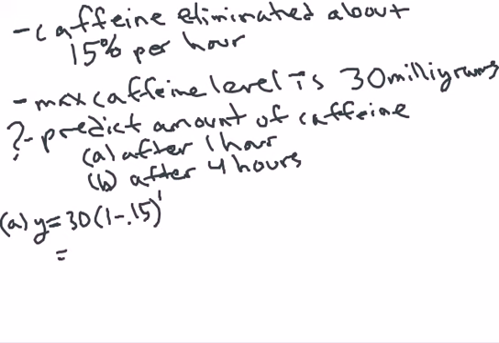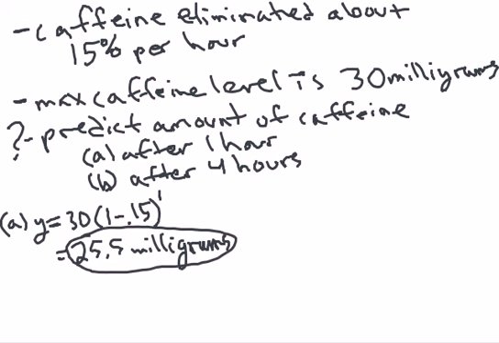So if you go ahead and do this in your calculator real quick, 30 parentheses 1 minus 0.15 raised to the 1 will be 25.5 milligrams. Okay, so there's our first answer.